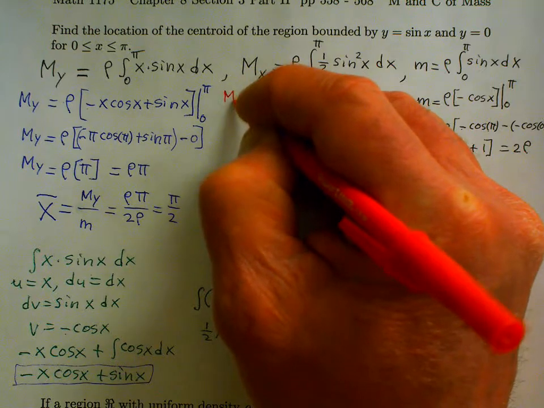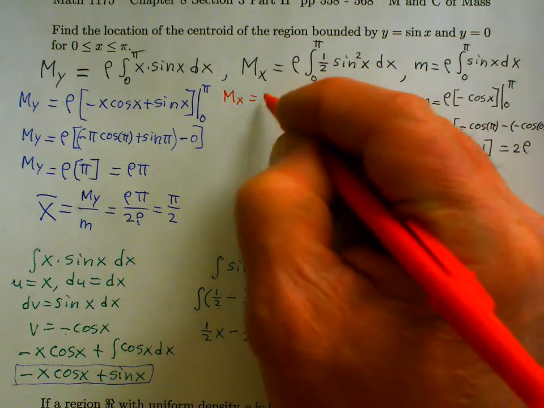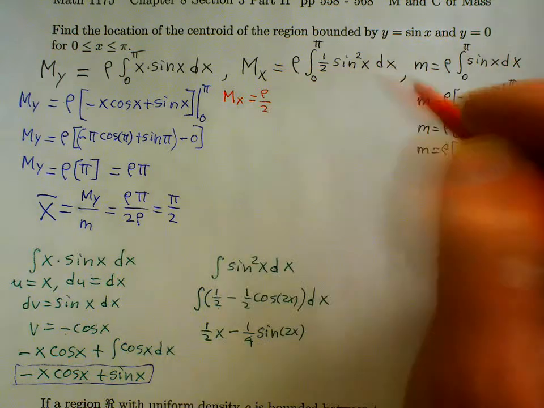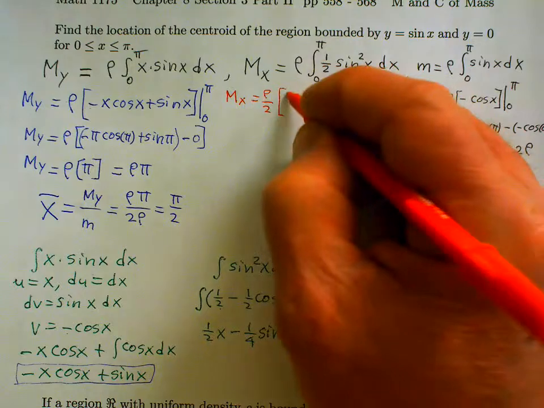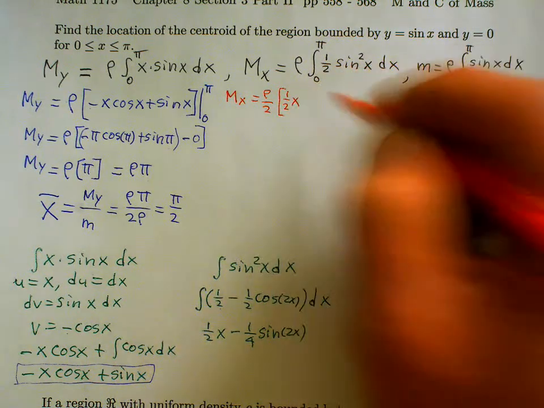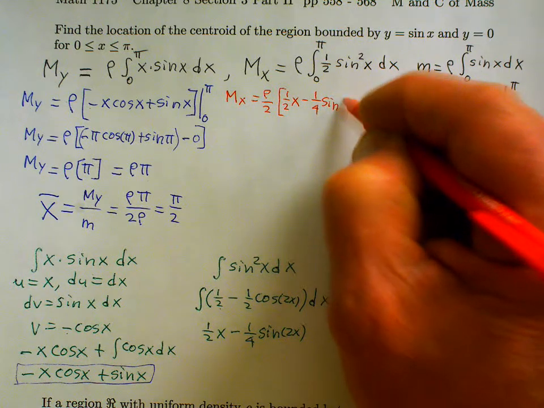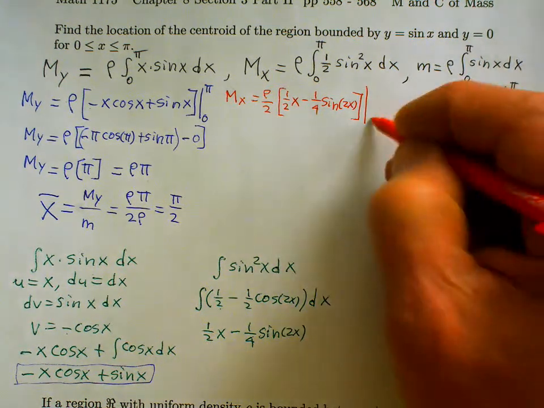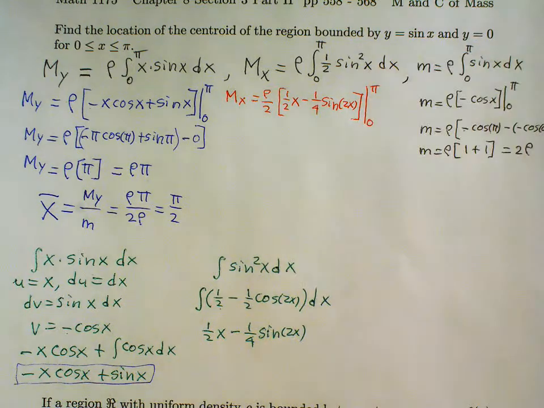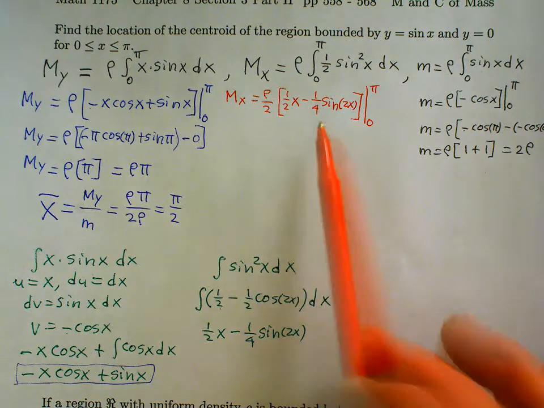So the moment of the region about the x-axis is rho divided by 2, and then the antiderivative 1/2 x minus 1/4 sine of 2x evaluated between 0 and pi. So a bunch of things are going to be 0, so that will make things easier for us.